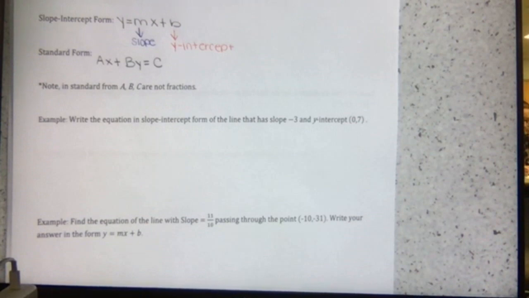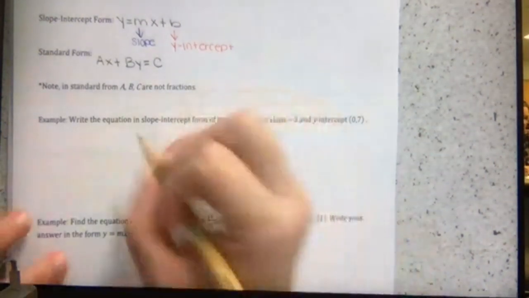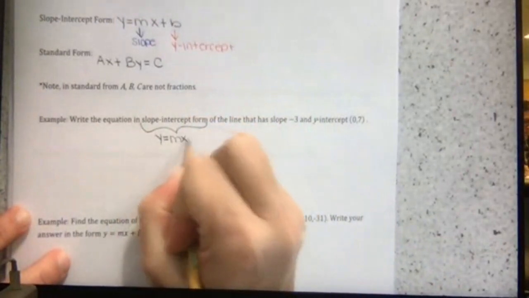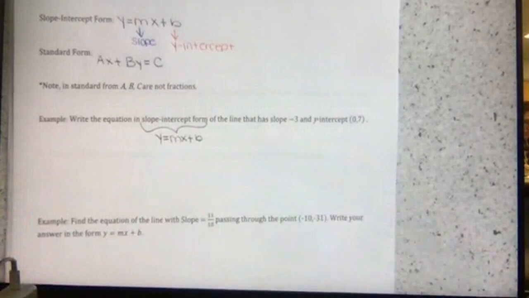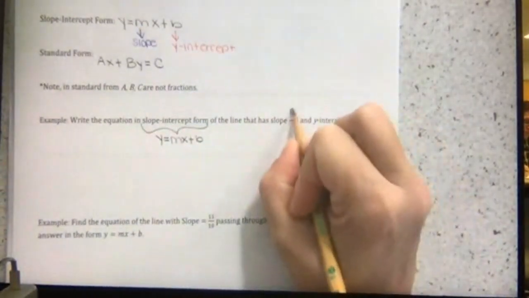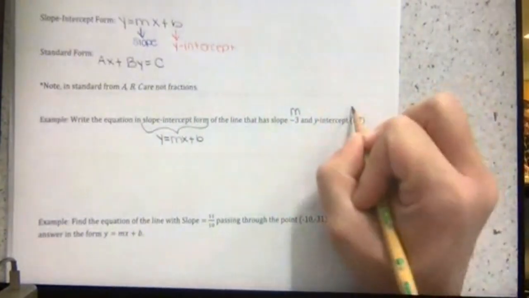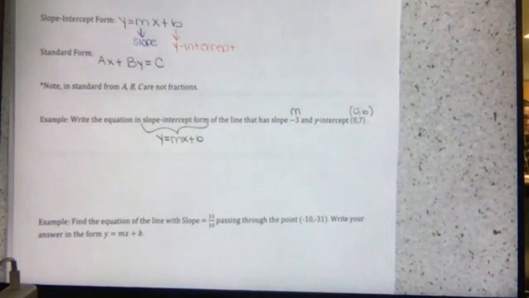So it says write the equation in slope-intercept form. Remember, slope-intercept form is that y equals mx plus b. Of the line that has a slope of -3, so it's telling us our slope, which is our m value, is -3. And our y-intercept is 0, 7. Remember, our y-intercept is the ordered pair 0, b.